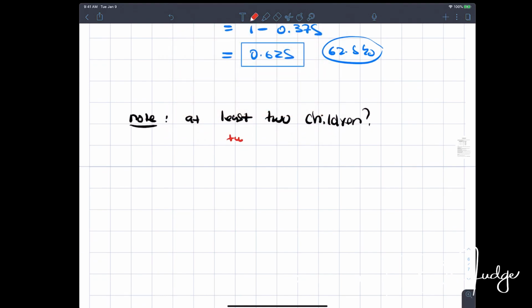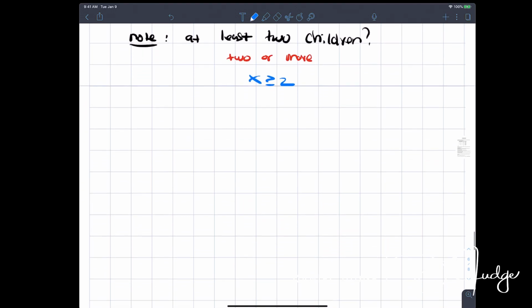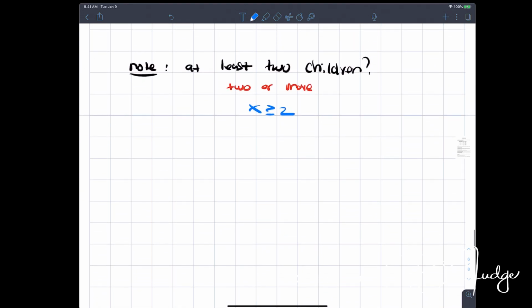Yes, this is 2 or more. Yes, we can say x is greater than or equal to 2. So here's what I want to show you guys, all right? The probability that x is greater than or equal to 2 is 1 minus what? You can use the complement rule here as well.